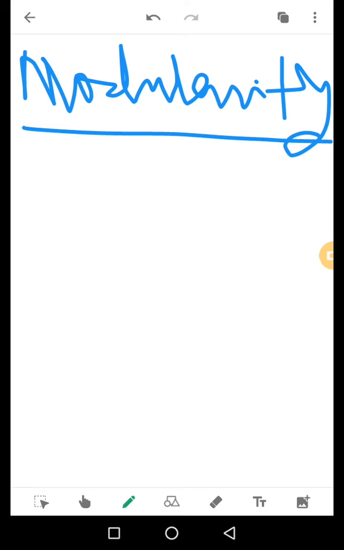So here now, we are going to have a look at the definition of modularity. We are going to differentiate between logical and physical modularity. We are going to discuss the benefits of modular design, that is, the benefit of employing modular design in software development. We are going to explain approaches of writing modular programs and more that we are going to consider under this unit. So let's proceed now.